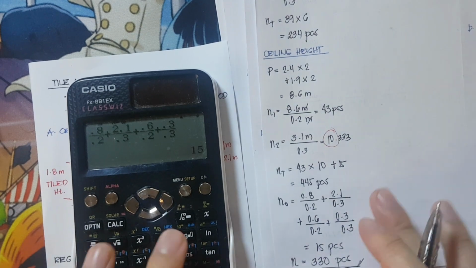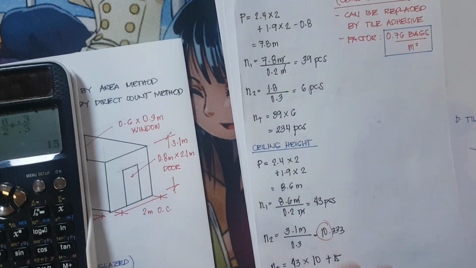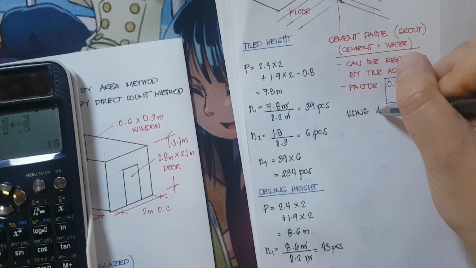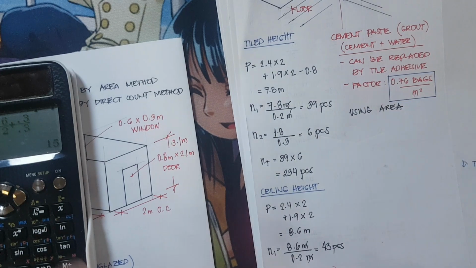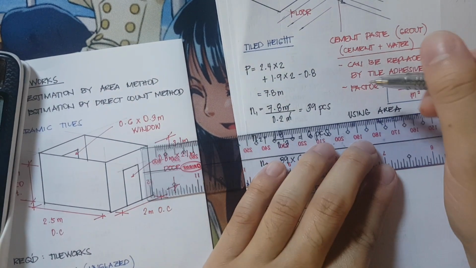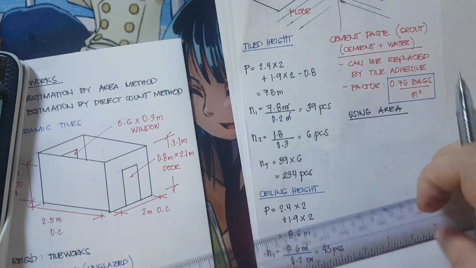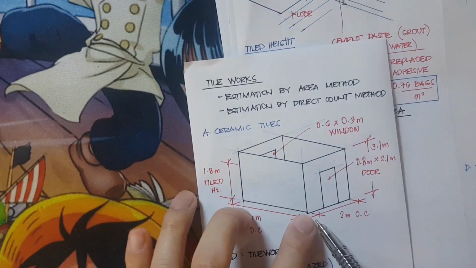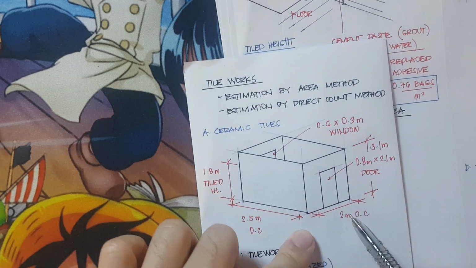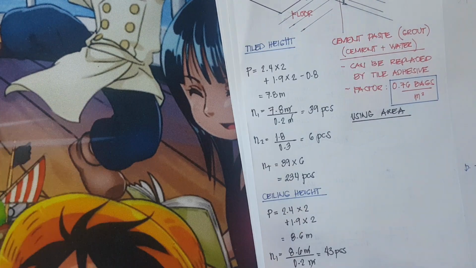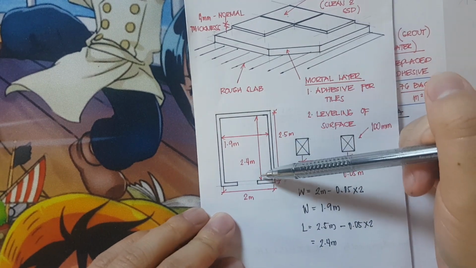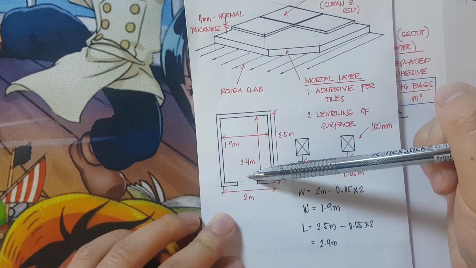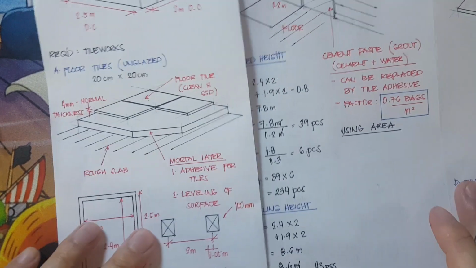Okay? What if we're going to use the area method? So, using area, for a non-square tile, pag gagamitin natin yung area, we have 2 times 1.8, 2.4 times 2 sides plus 1.8 times 2 sides times the height of 3.1. Okay?